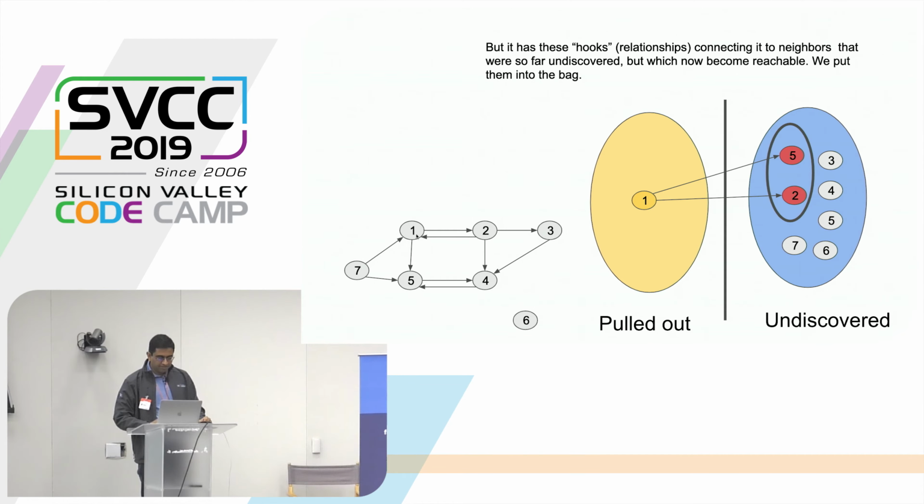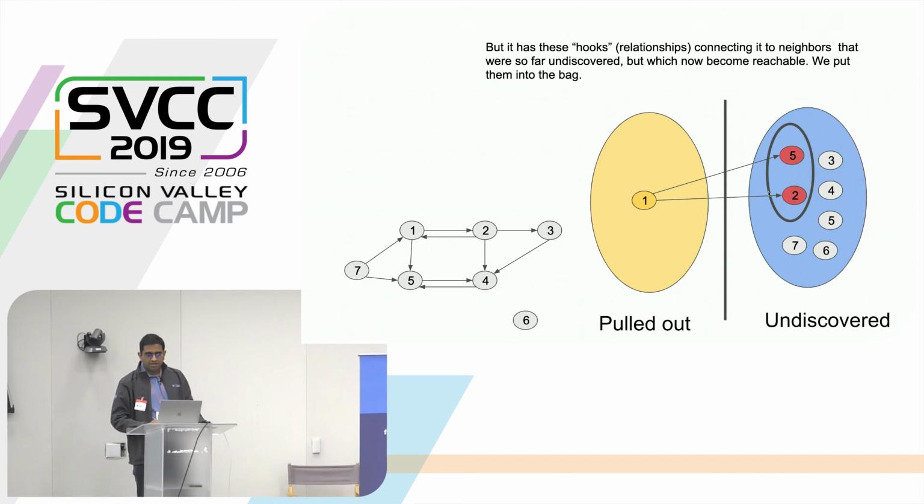You can see from the graph here that 1 has an outgoing edge to 2 and to 5. And so we are able to reach out to those immediate neighbors of 1 and put them into the bag, because we now know that these vertices are reachable. So effectively, once we figure out that a vertex is reachable, we put it into the bag.